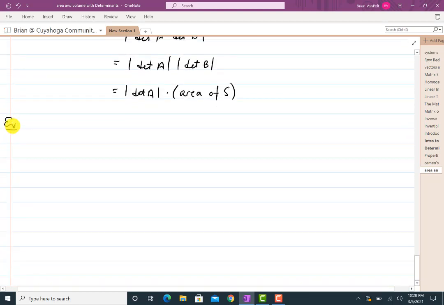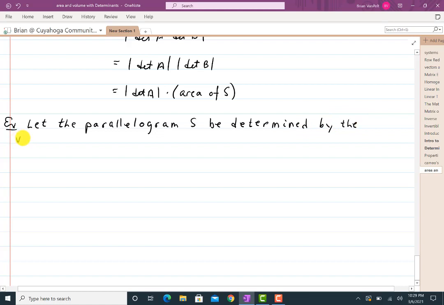As an example, let the parallelogram S be determined by the vectors B1 equals (4, -7), B2 equals (0, 1).